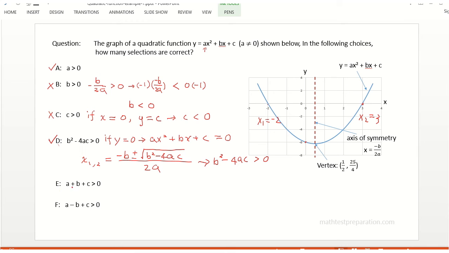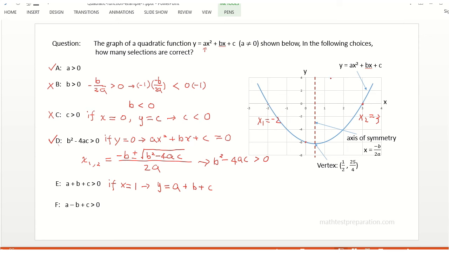Now look at choice E. If x equals 1, y equals a times 1 squared, which is a, plus b times 1, which is b, plus c.